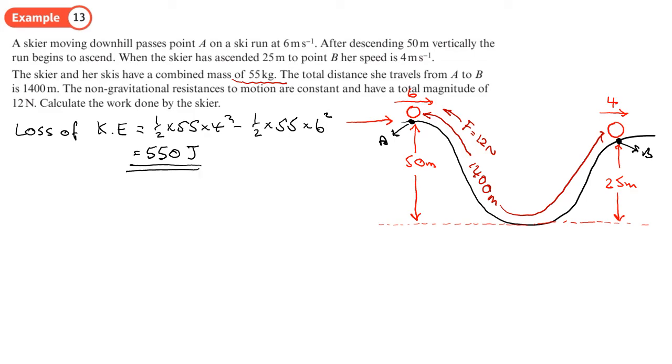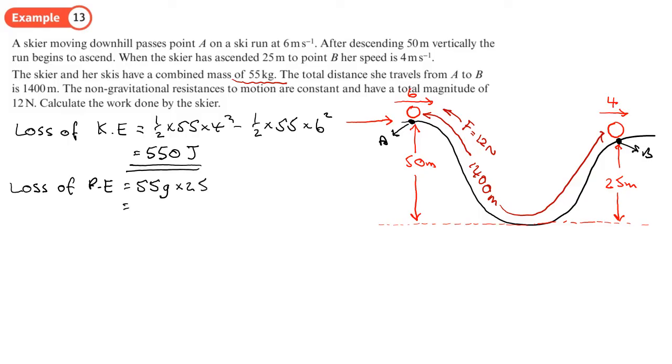Right, okay. Also, they've lost height. They've lost 25 meters of height from here to here. So there's also been a loss of potential energy because they're now lower. That's mgh. So m is 55 times g times h.